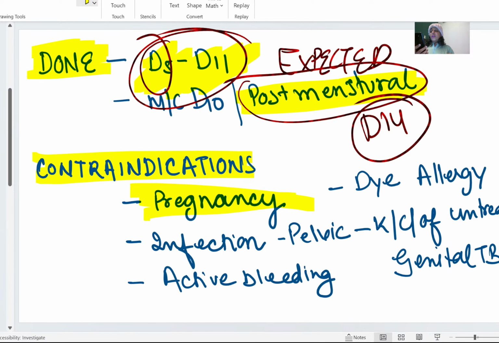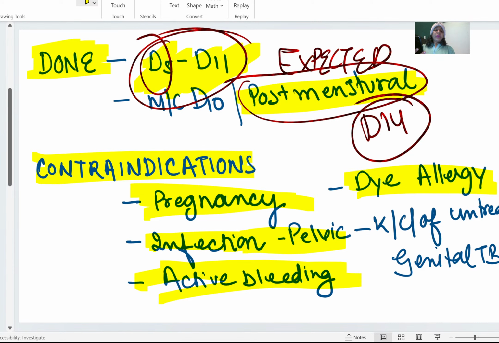Infection is always a contraindication for any invasive procedure. Active bleeding. That is why we don't do it in the menstruation period, day 1 to day 4.